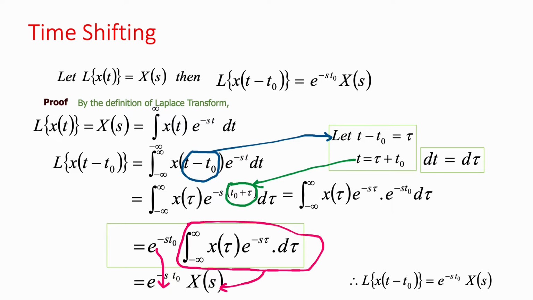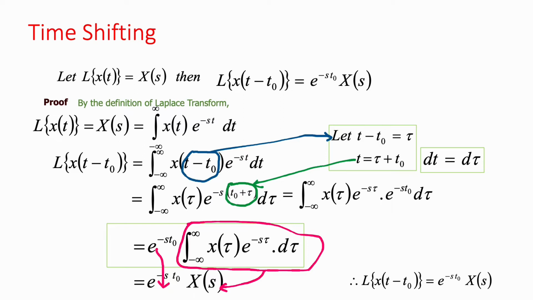Now, in this formula, the t minus t naught can be replaced by tau, because we have assumed it as tau. E power minus s, the t can be replaced by tau plus t naught, and dt can be replaced by d tau. Now you simplify this equation.